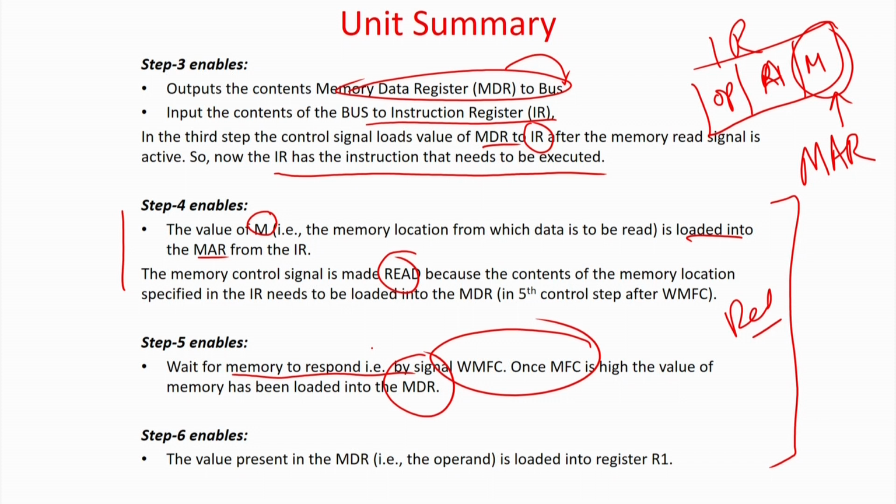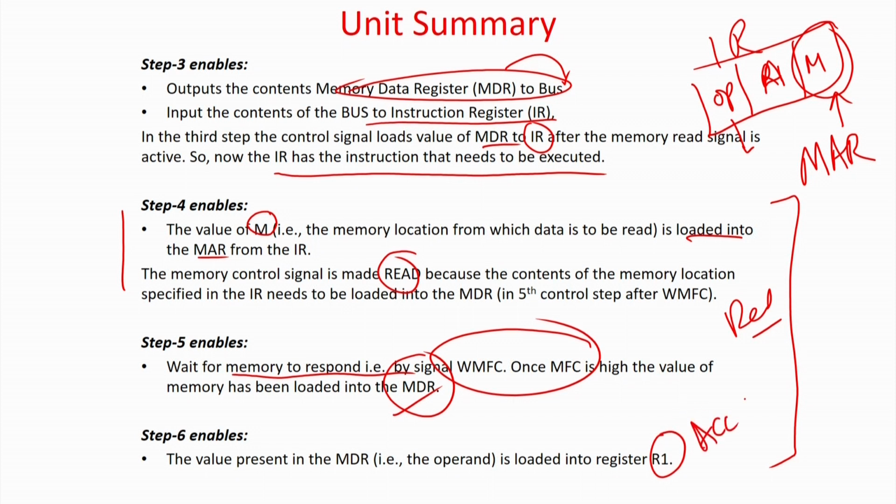Remember that the data we are loading in step 5 is data and not an instruction, so it will not go to the IR. If the opcode is load, it will load the value into the accumulator or R1; in this case it is called R1, but our example was for the accumulator.